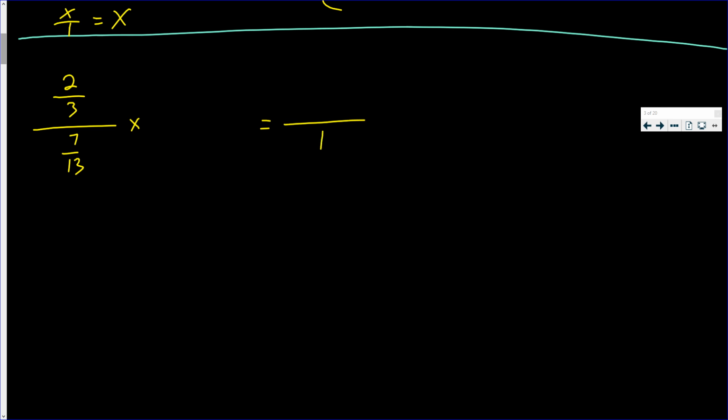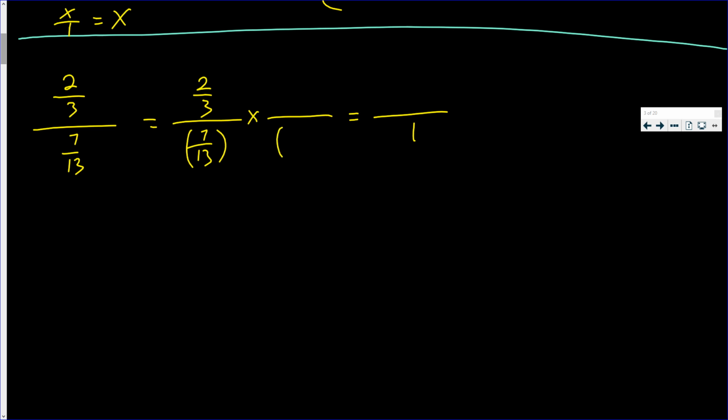Let me write it slightly differently. That fraction, friendly or not, doesn't matter, is equal to itself times 1. But I want to get a 1 in the denominator. So what do I multiply 7 over 13 by? 13 over 7.